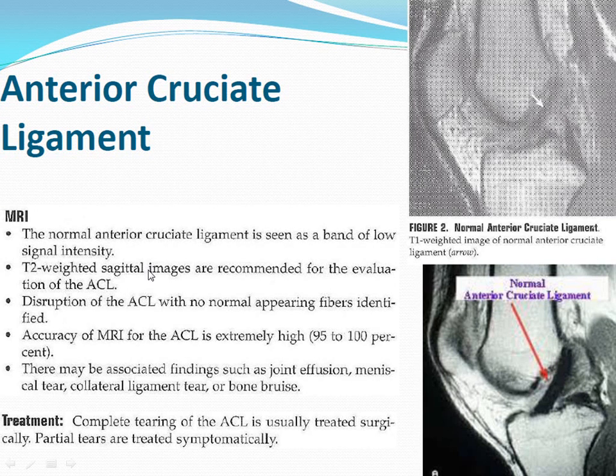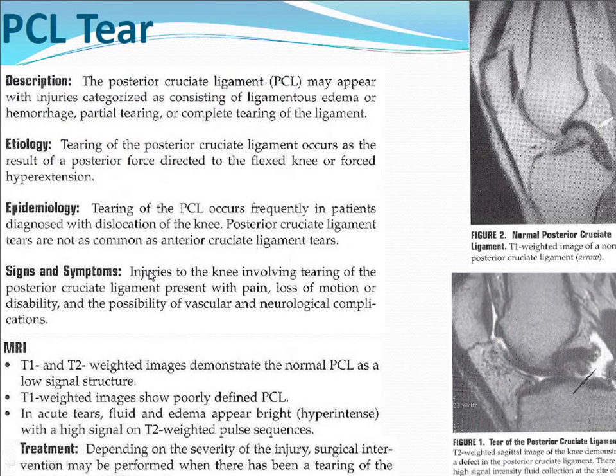So the PCL, that's the posterior cruciate ligament. That's another injury that you'll see a little bit less commonly than the anterior cruciate ligament tear. Once again, it can be associated with a pivot shift injury, but because there's a little bit more laxity in the tendon, you can see this normal one compared to the normal ACL one.